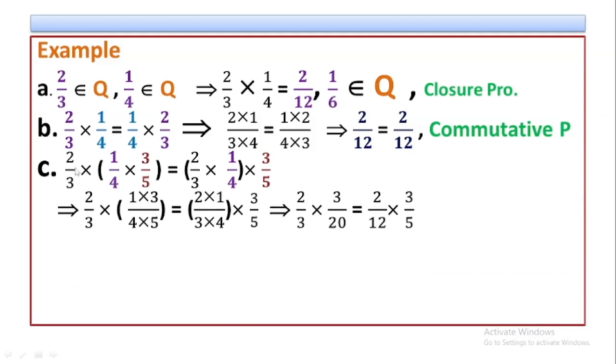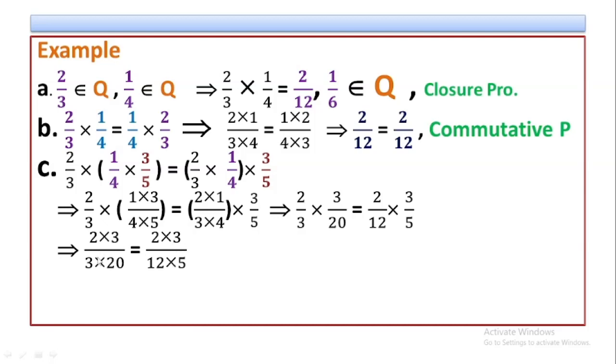For example, for the first one we can use the multiplication rule and solve it like this. 2 times 3, 1 times 3, 4 times 5, then 2 times 1, 3 times 4, 3 times 5, 3 over 5. So it will be 2 over 3 times 3 over 20, which is equivalent to 2 times 3 over 12 times 5.